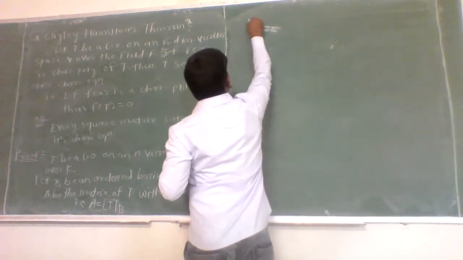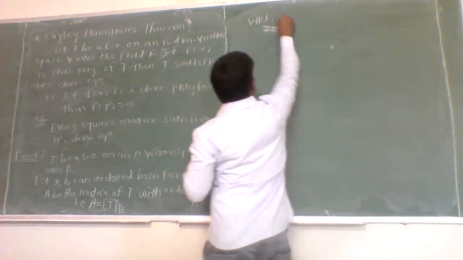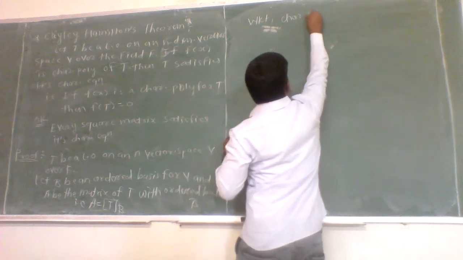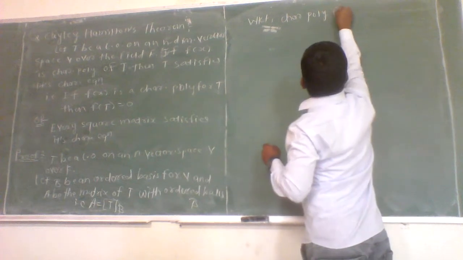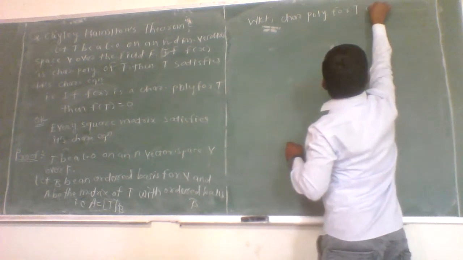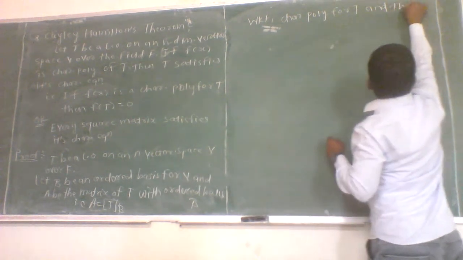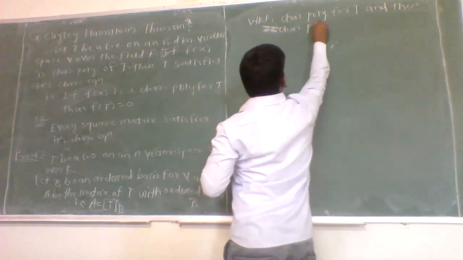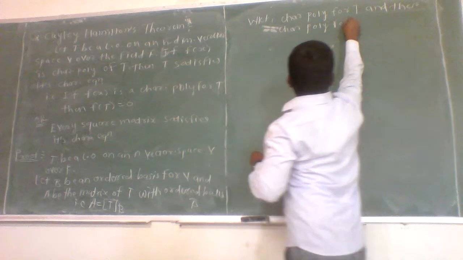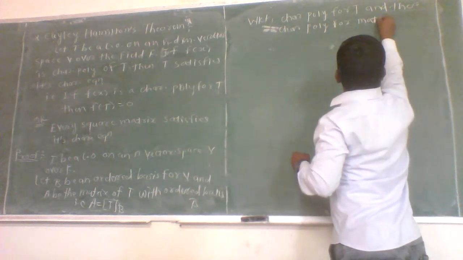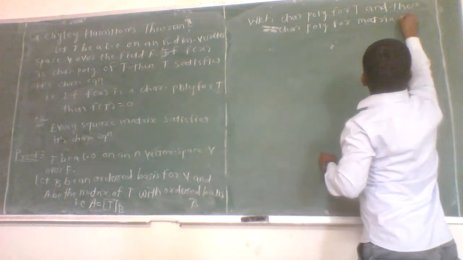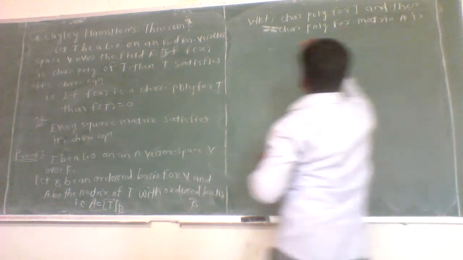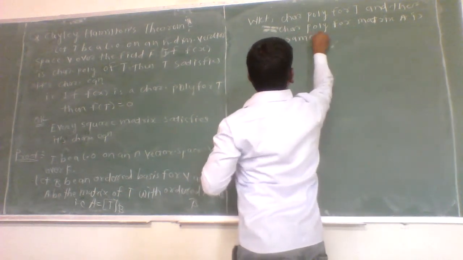Now we know that the characteristic polynomial for T and the characteristic polynomial for matrix A are the same.